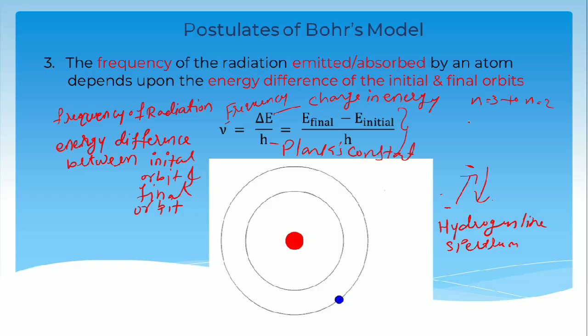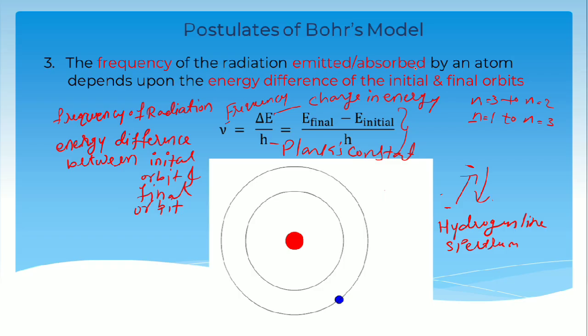If it moves from n equals 1 to n equals 3, it must absorb energy. Thus, electron transitions are responsible for the absorption and emission spectra.